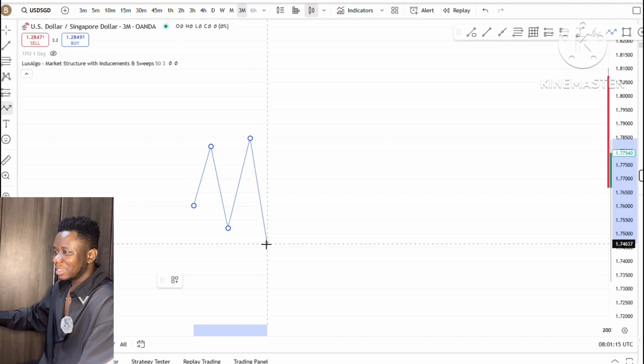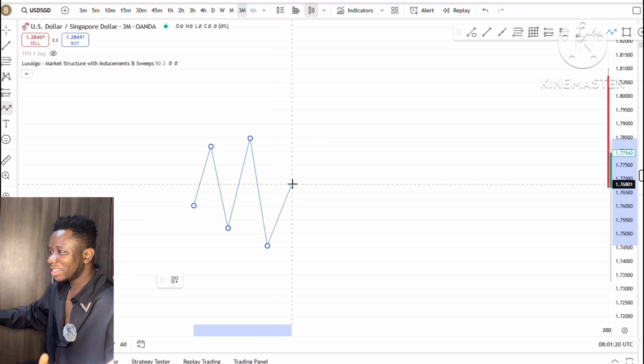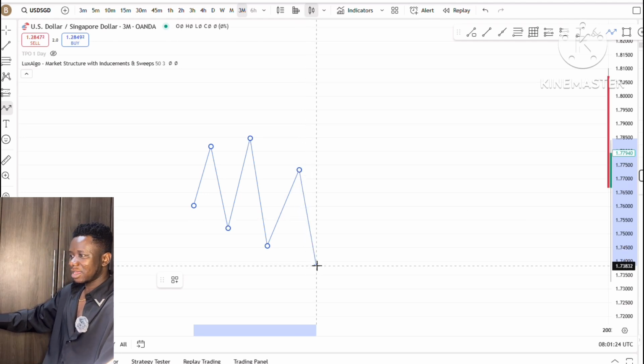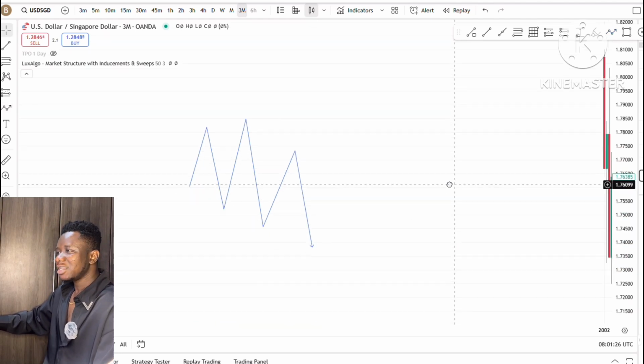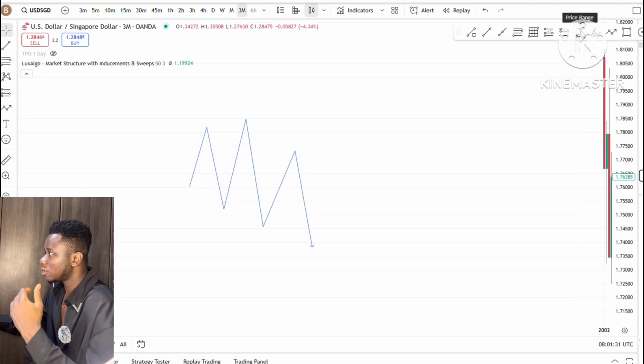And then a break of structure, and then a retracement, something like this, and then another break. This is what I'm looking for whenever I come to my TradingView. It's a continuation pattern.